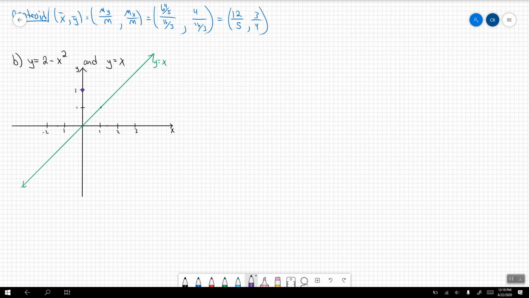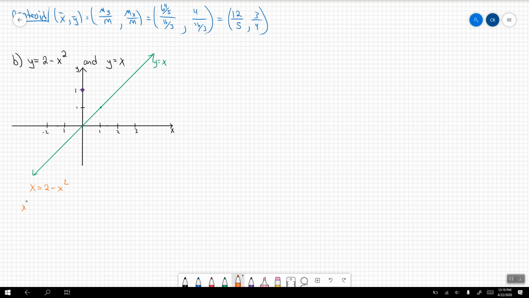Now let's figure out where that parabola is going to intersect this line. The first thing I'm going to do is set them equal to one another. So x is going to be equal to 2 minus x squared.